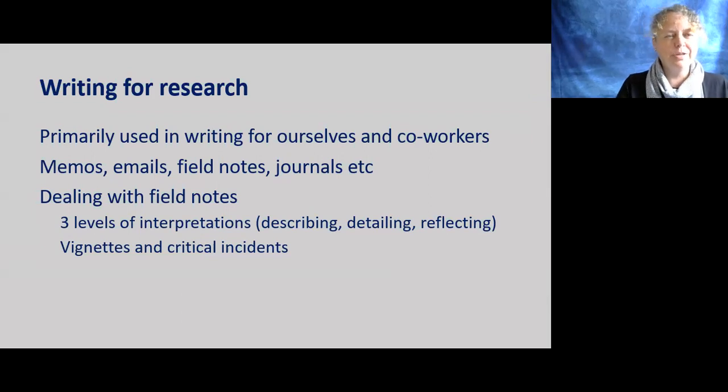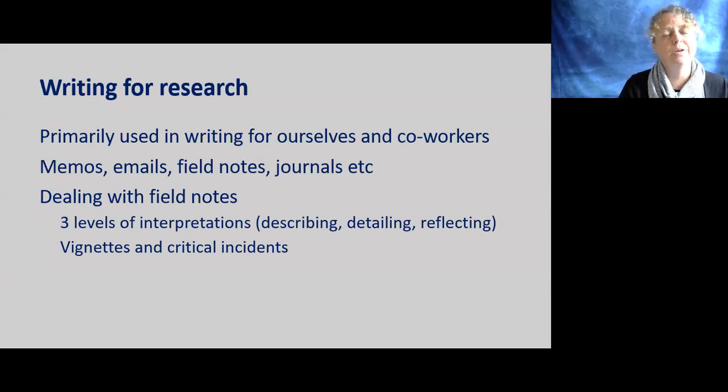And I'm trying to make a point that there are 3 different levels of interpretation that we have to work across in our research journaling, in order to make the most of the journaling and the writing process. We really have to tap into all of these 3 levels at one point or another. We don't have to do it with every single entry, but it's really important to hit all of those levels of interpretation.